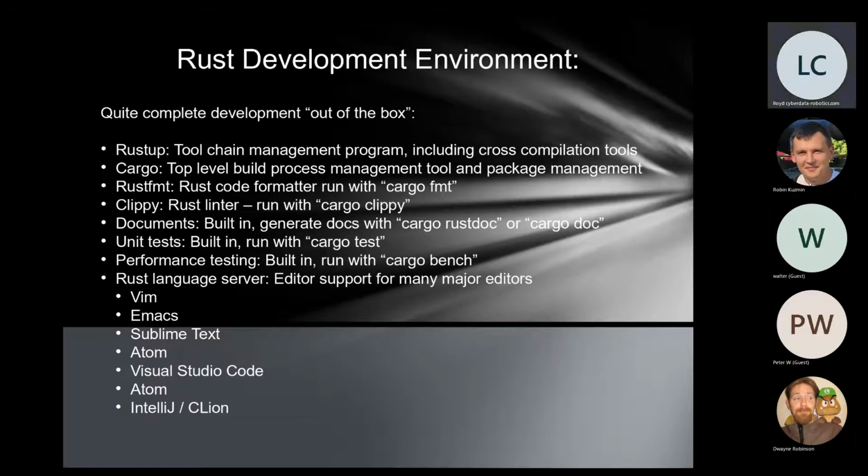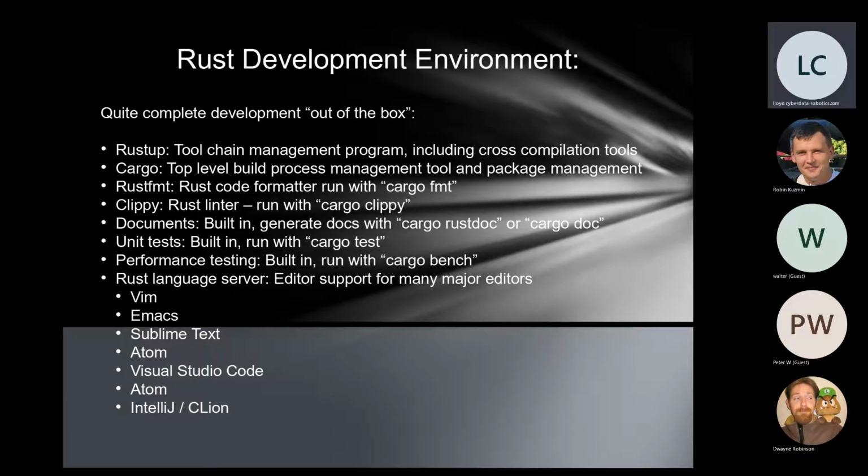And it's actually a very good linter. I'll also note the linter in this case puts up not just actual bugs or defects, but hints as to how you can write your code better in a lot of cases. We'll talk a little bit more about that in a minute. Documentation: the documentation generator is built in.